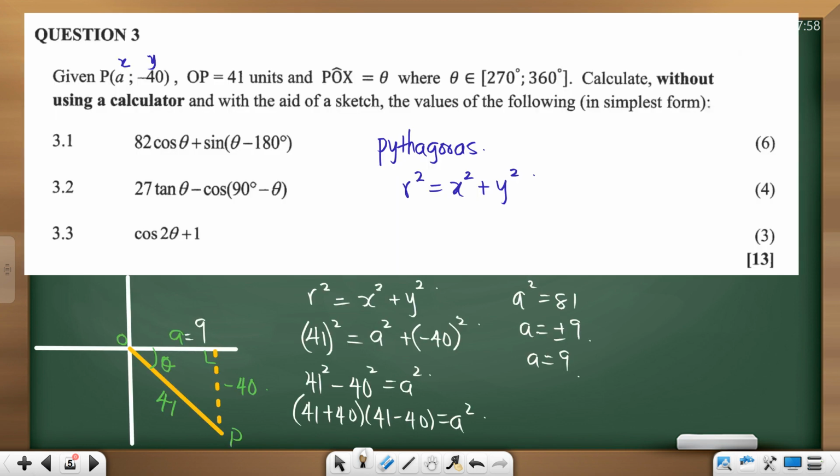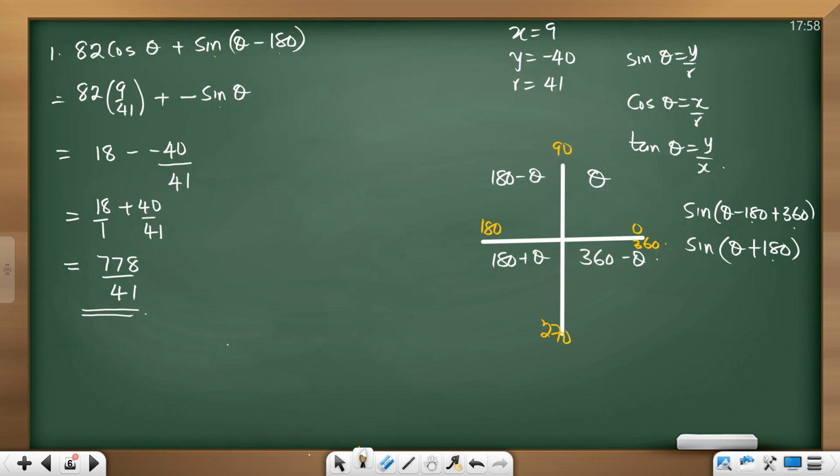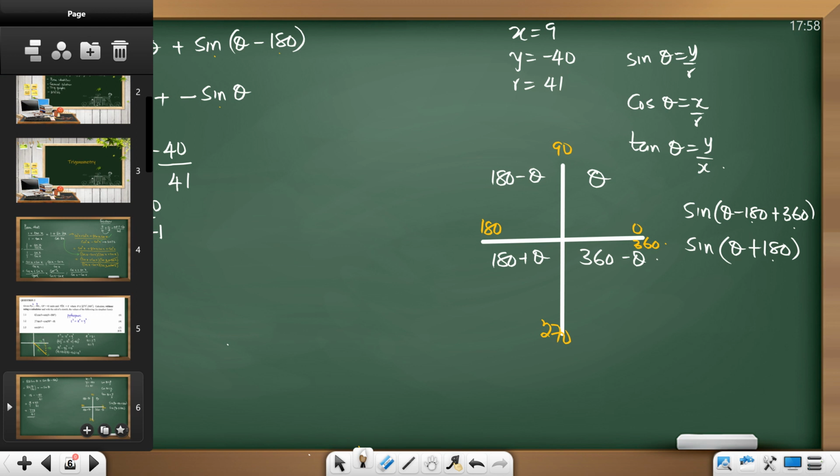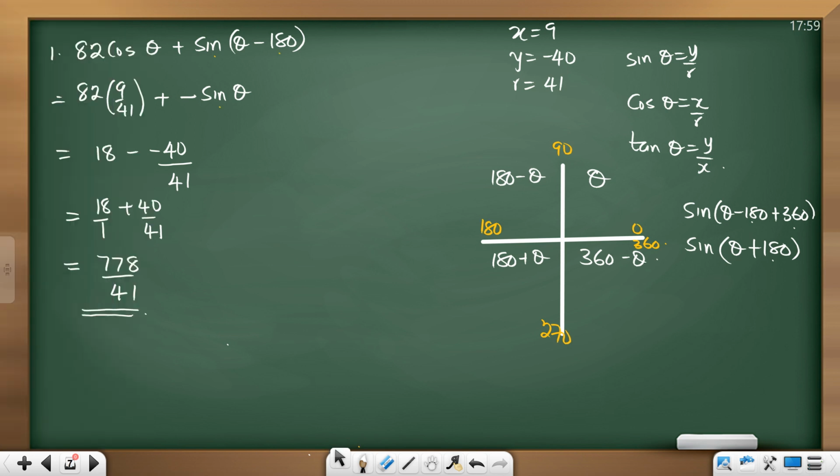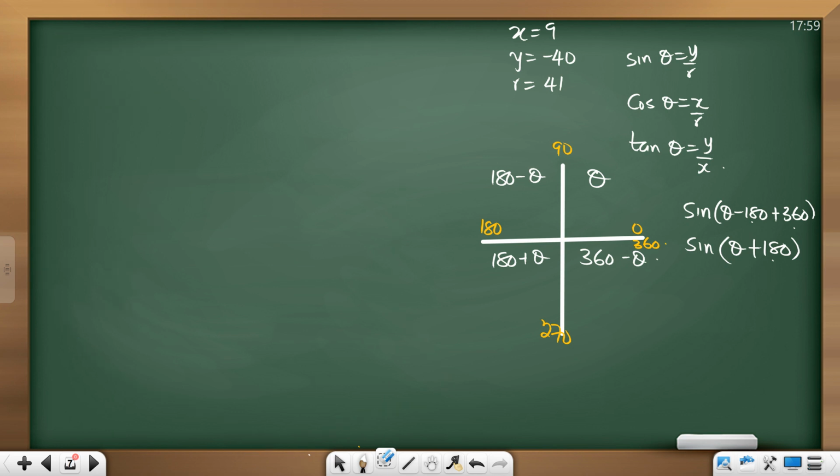Second one, 27 tan theta minus cos 90 minus theta. Write that question out for me quickly. I'm going to use the same page to deal with this question. I want you to see that this examiner is just repeating concepts.